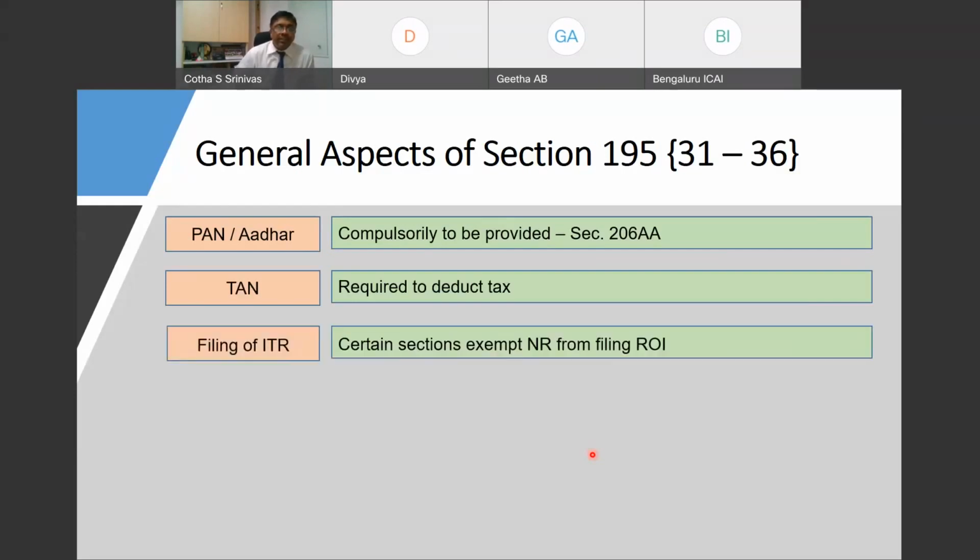Filing of ITR: certain sections exempt non-residents from filing a return of income. When I said withholding of tax, where the entire tax liability of the non-resident has been deducted, there is some cushion or privilege to the non-residents where they need not file the return of income, because the entire tax liability has been deducted. So there won't be any question of filing the return of income.